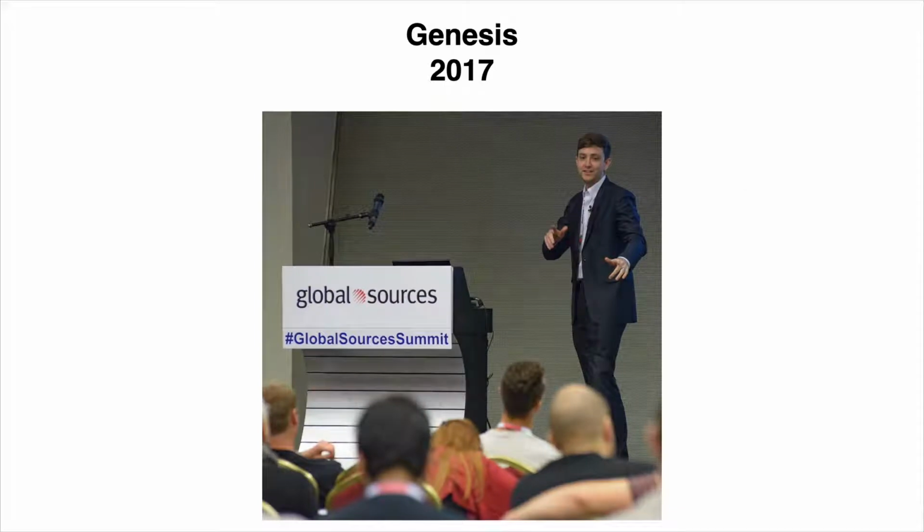So, Genesis, 2017. I've been doing Amazon advertising for years, and one thing I noticed was that when I was starting off, there were not a lot of Amazon PPC software, Amazon advertising software, out there. They mainly focused on reporting and analytics.